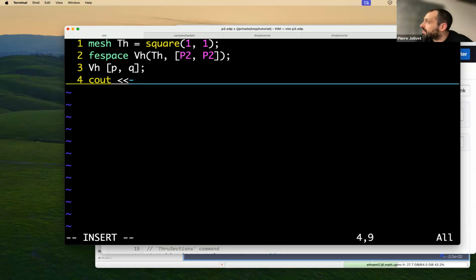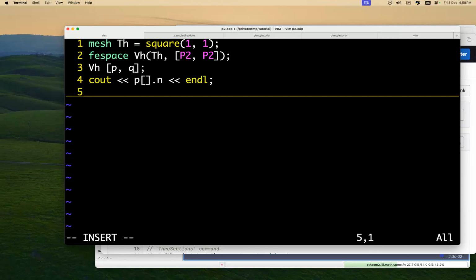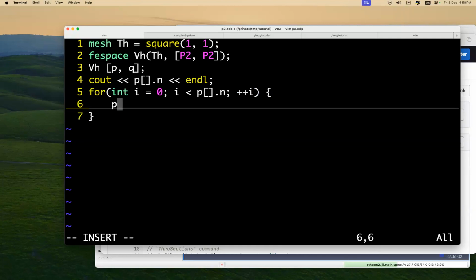So what you say is that if I do that, I am supposed to have a precise value on each node. If I'm in 1D, it's like only one precise point per node.